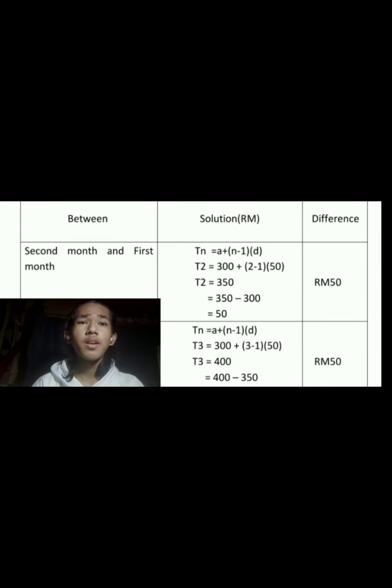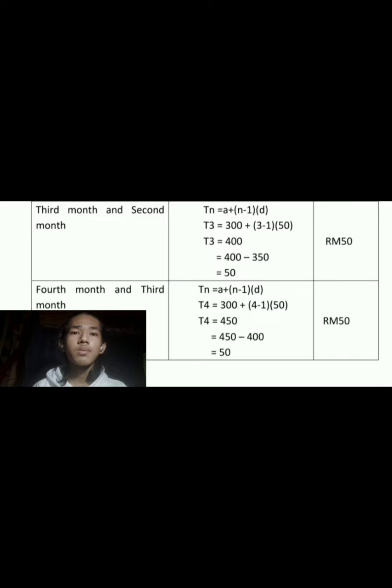After that, we subtract 300, the value of the first month, from 350, the value of the second month, and the answer is 50. We repeat the same step for the third month with the second month, and the fourth month with the third month. After that, we get the answer for the difference between each month, which is 50.